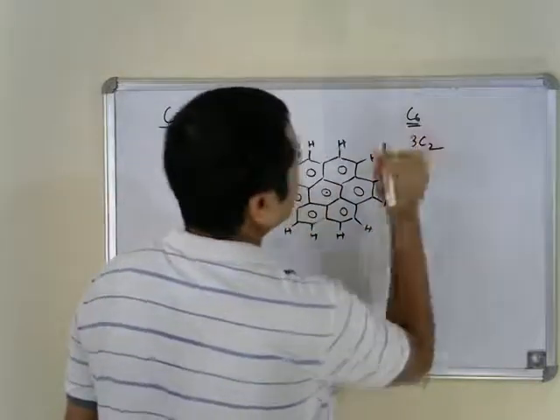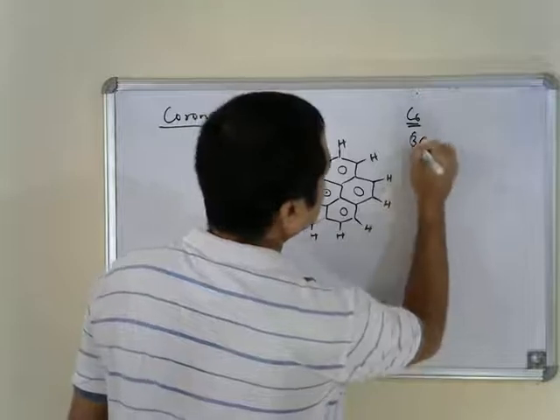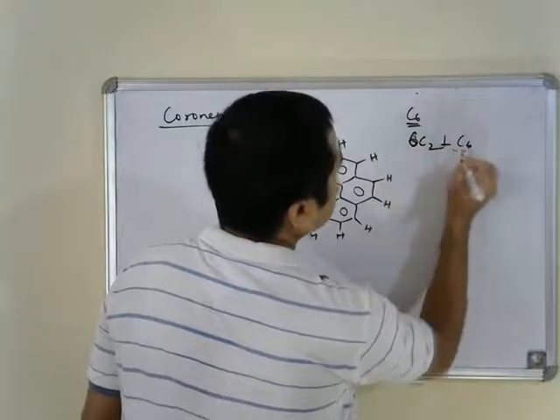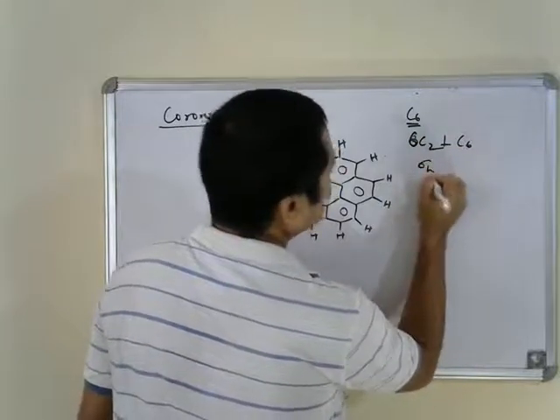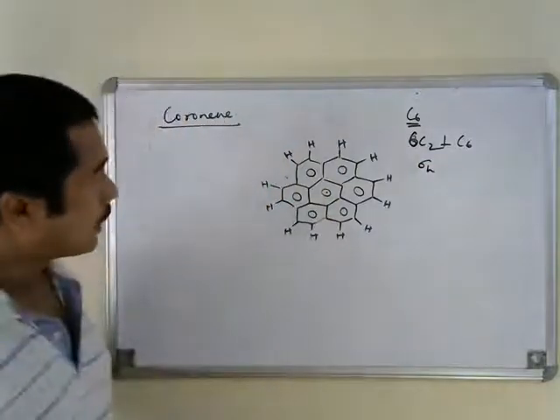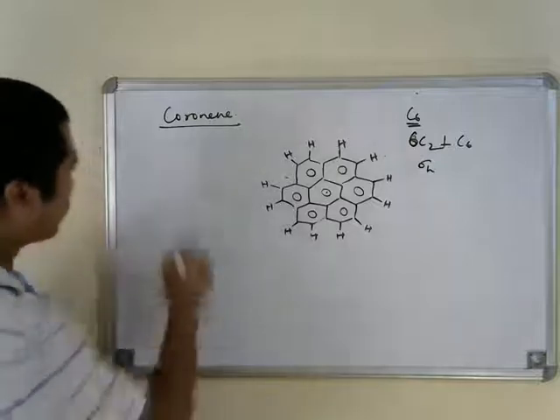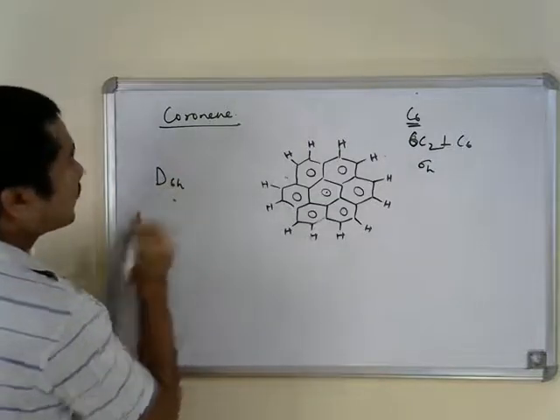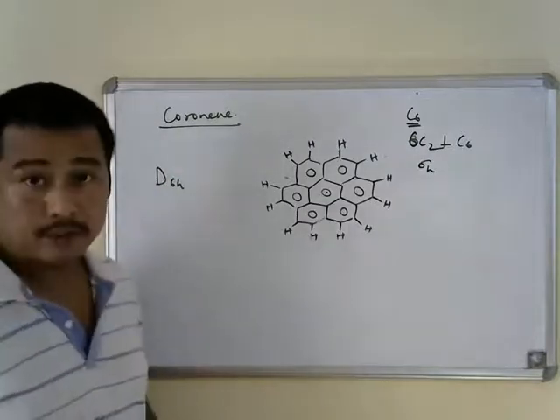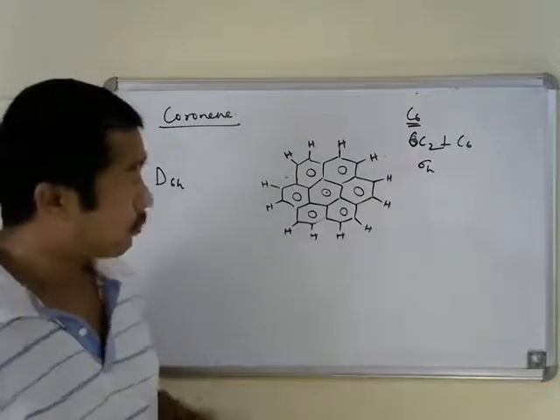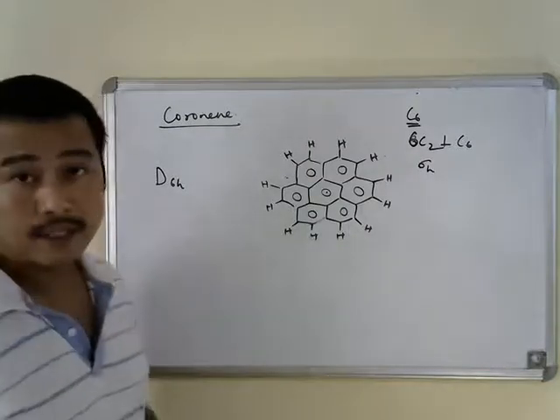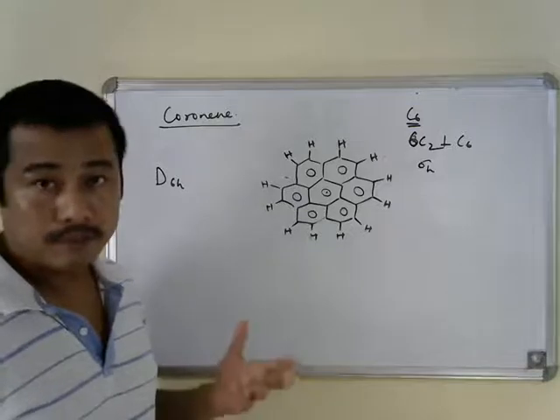So we have found C6, we have found 6 C2 perpendicular to the C6, and we have also found the sigma h. So this essentially tells us the point group of this molecule is D6h. Let us also try to find out the other symmetry operations that must be present if we have a D6h point group that we have learned.